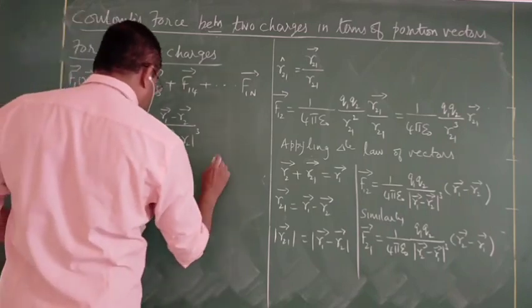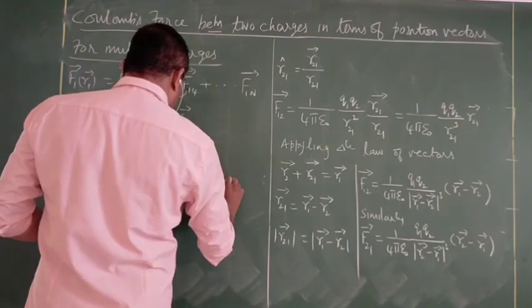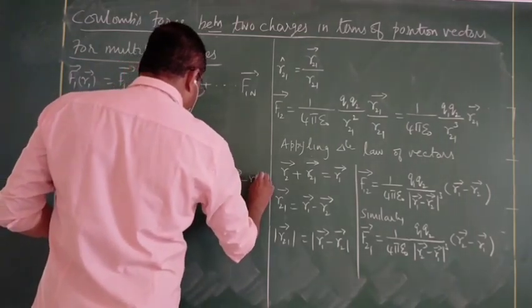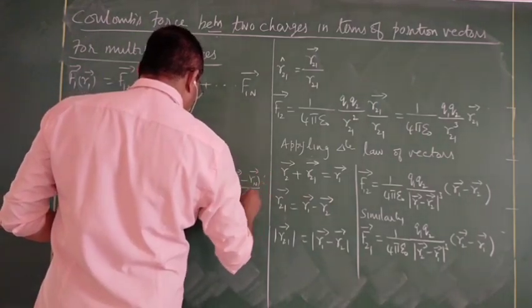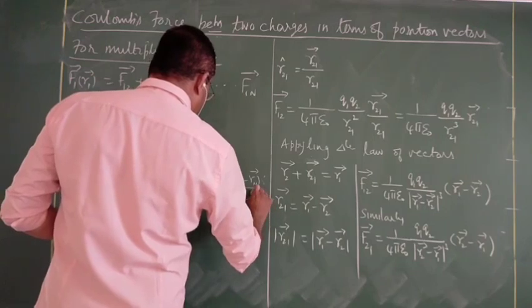Similarly, Q1 Qn R1 vector minus Rn vector upon mod of R1 vector minus Rn vector the whole cube.